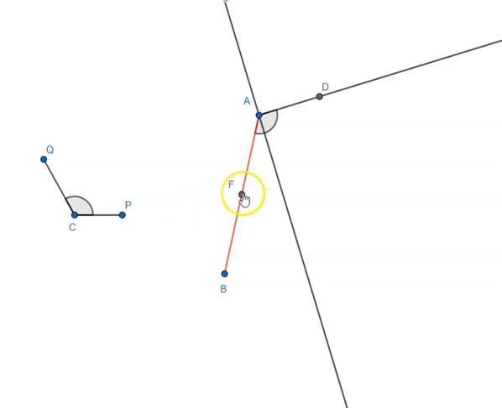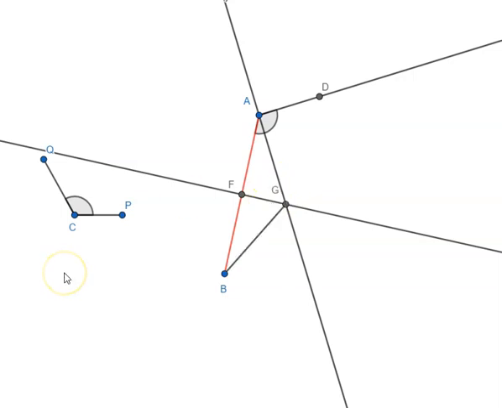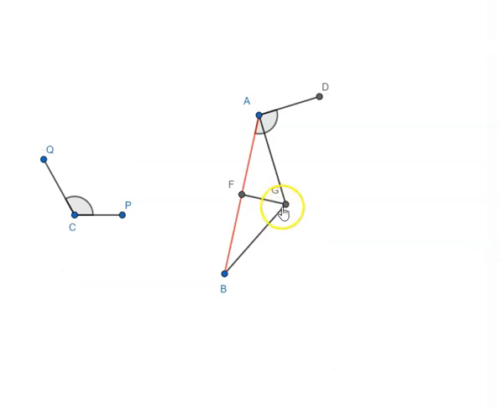And at F, let's draw a line perpendicular to AB. And let's mark the intersection of these two lines as G. Let's join BG, FG and AG. Now, keeping the center at G, let's draw a circle of radius AG.